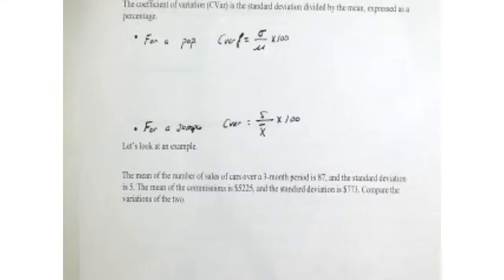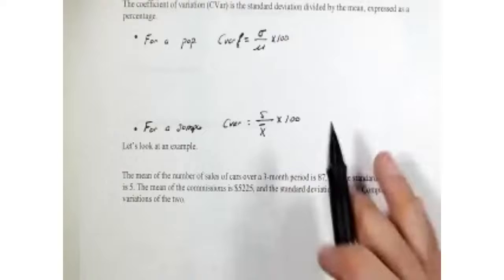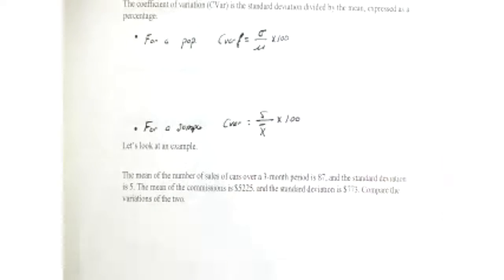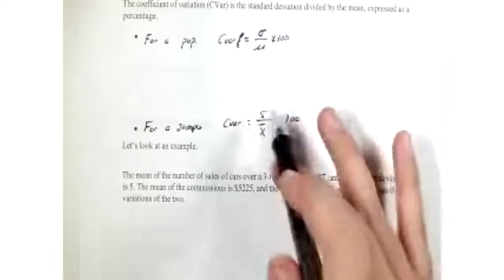So it's the same thing in both cases: a standard deviation divided by the mean times 100 to get it as a percentage. Just the symbols change if you have a sample or a population. Does that make sense to everyone?